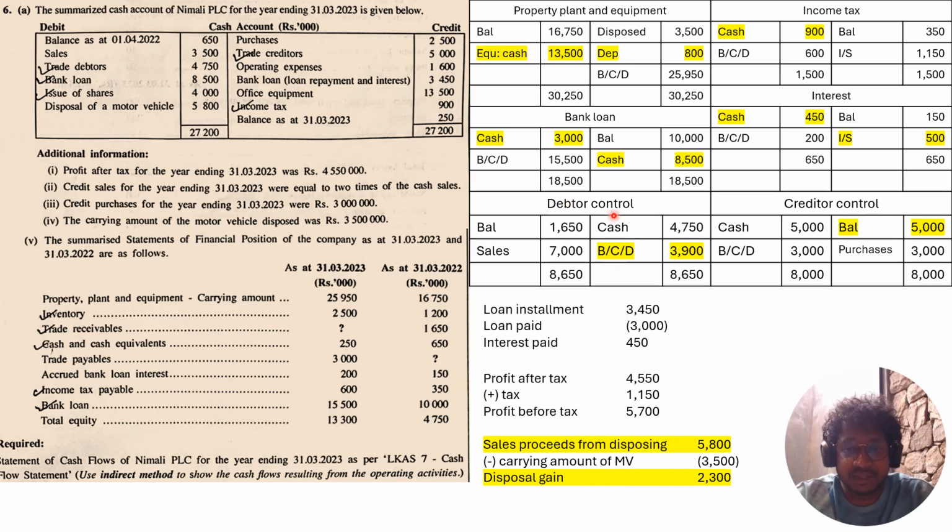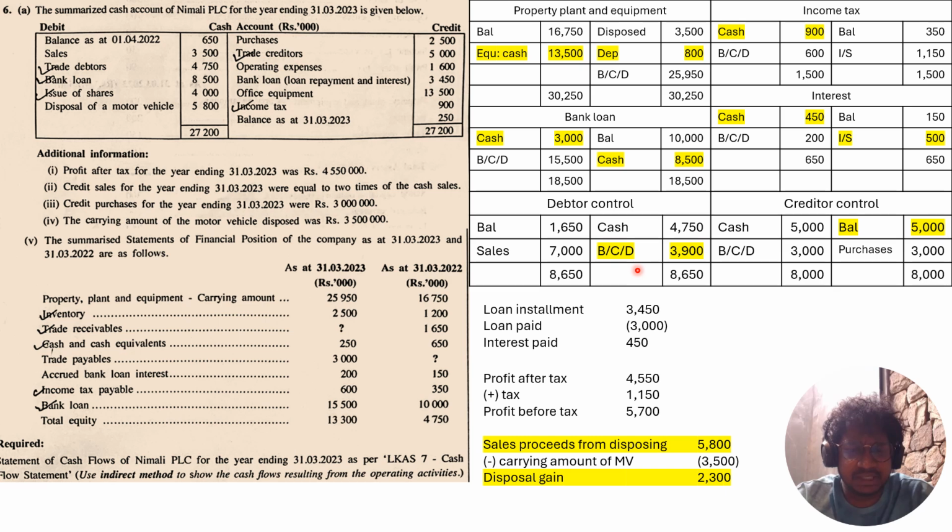In the debtors control account, the opening balance is given and sales we found as 7,000. In the cash account, the amount you received from the debtors is 4,750. Balancing that, the debtors control account closing balance is 3,900, right?